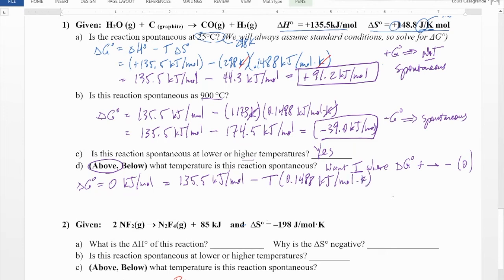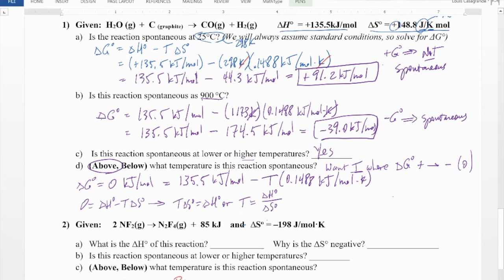Rearranging that, I guess I should have rearranged it first. If we start off with 0 equals delta H naught minus T delta S naught, we're going to rearrange that so that T times delta S naught is equal to delta H naught, or temperature is equal to delta H naught divided by delta S naught.